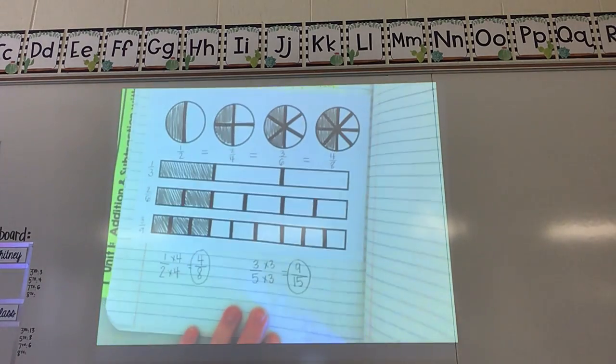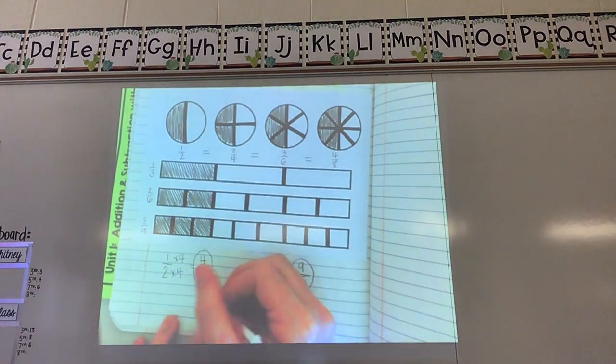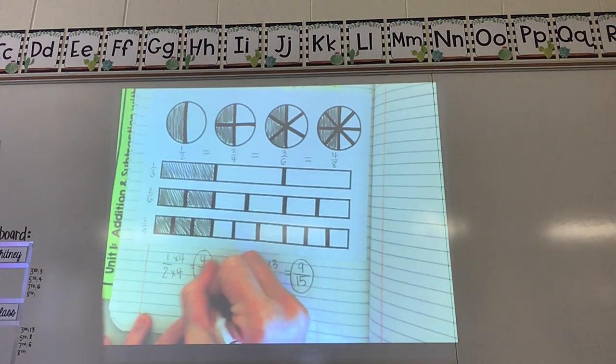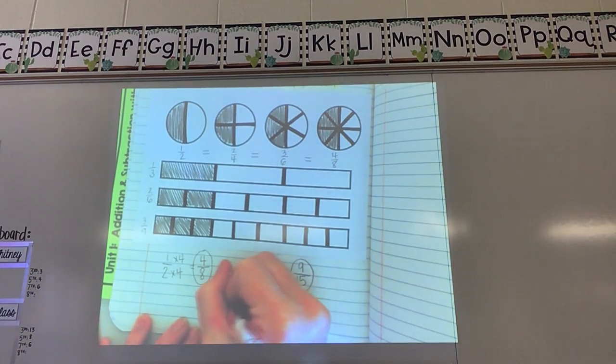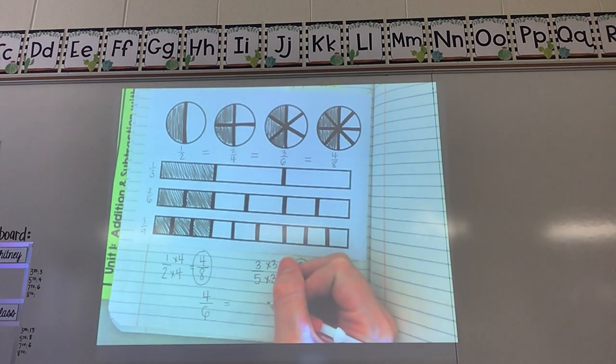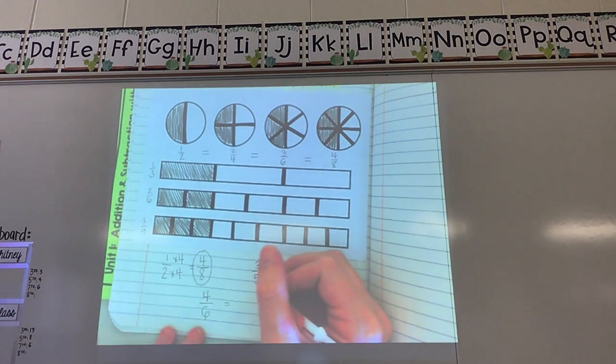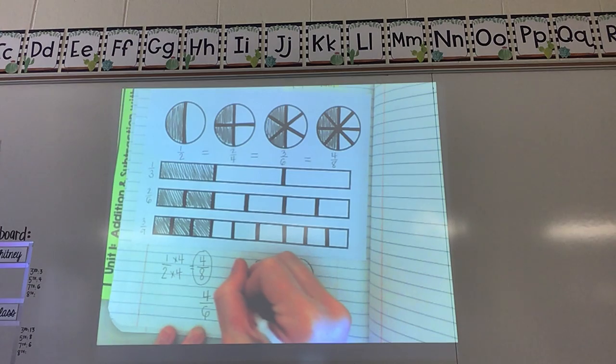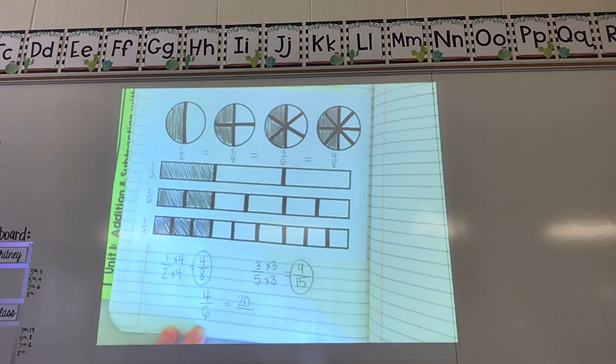Let's do one more. I'm going to give you 4/6. And this time I'm going to give you the top number. Let's say we want our top number to be 20. Again, for an equivalent fraction, I know that I have to multiply. So I'm thinking 4 times what gets me to 20?